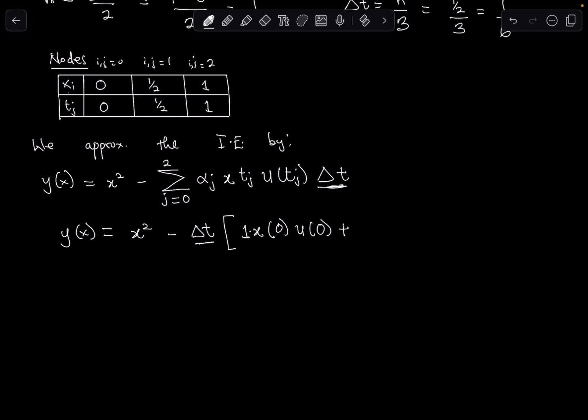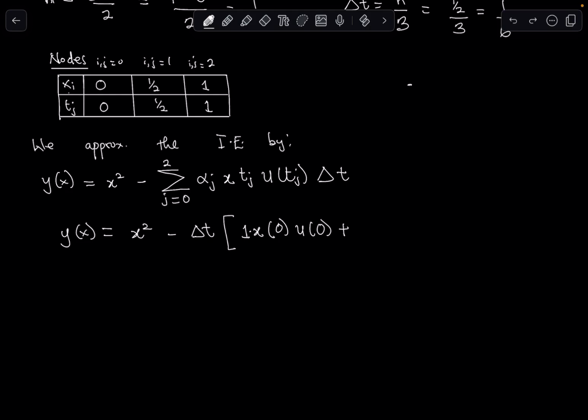remember I have pulled this outside here, remember this is already pulled out here, so I'm not going to put that here again. So plus, now the next term, since we are using the Simpson's 1/3 rule, remember that the formula is always going to be, your alpha naught.